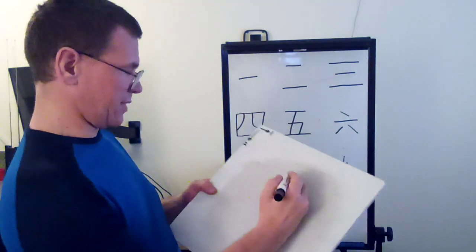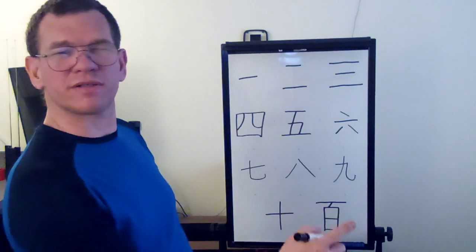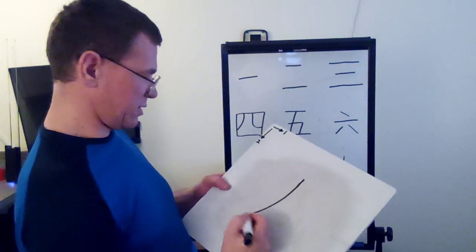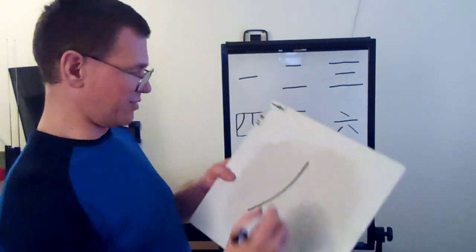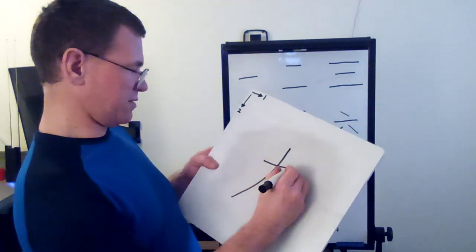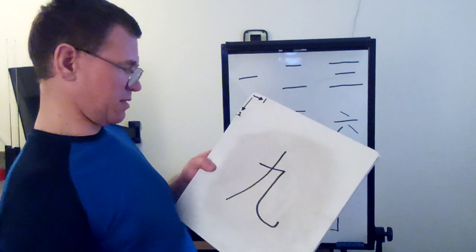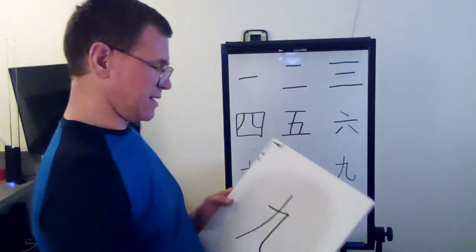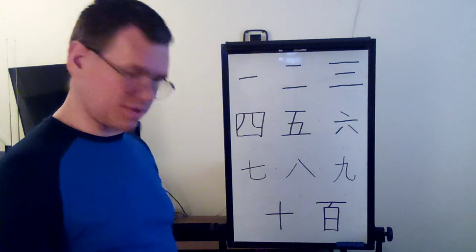9. I pointed at 100, didn't I? 9. 1 stroke. This one is only 2 strokes. So that's number 9. 10 is also 2 strokes.